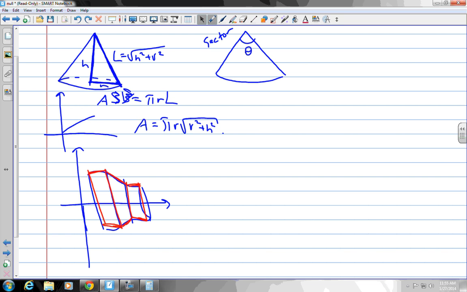So I'm going to need to figure out the surface area of each one of those frustums, we called them last class, and then add them together, and good things will happen.